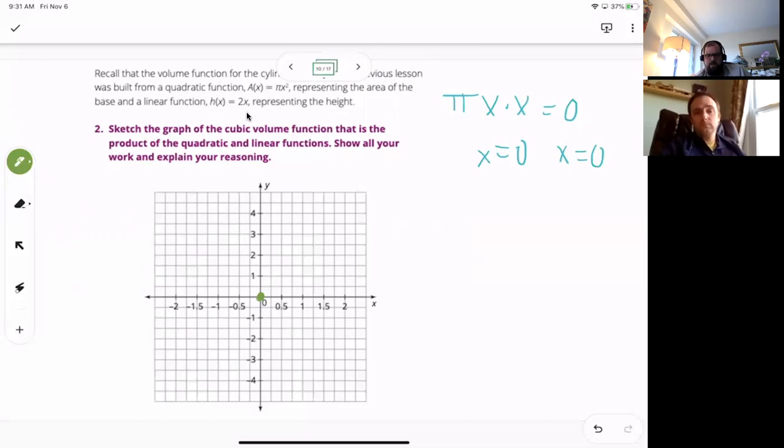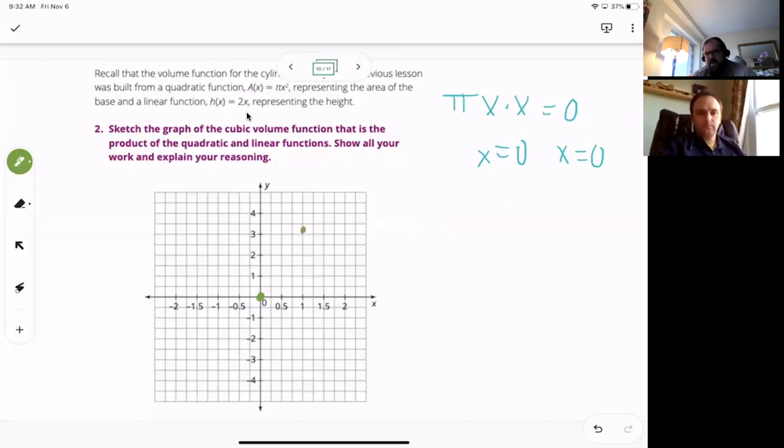Would it be fair to kind of sketch this graph? Because I know that if x equals 1, we're going to have pi as our value, and that would be a good point to plug in on this graph. So if I've got 1, I'm going to go a little bit above 3.